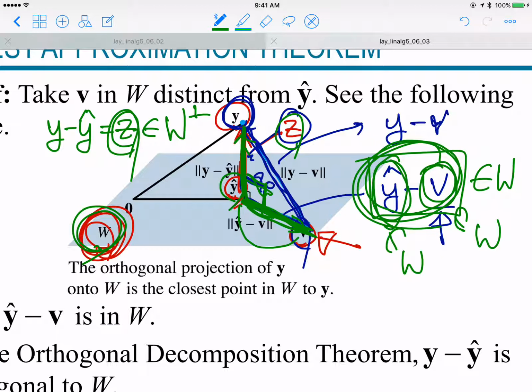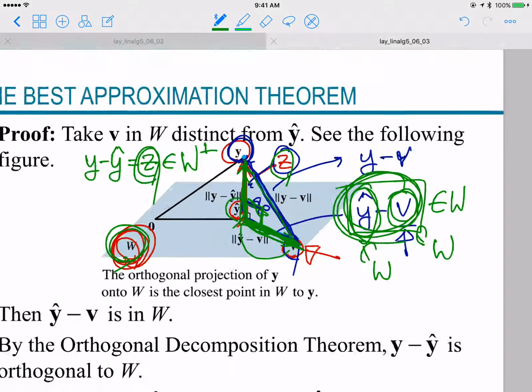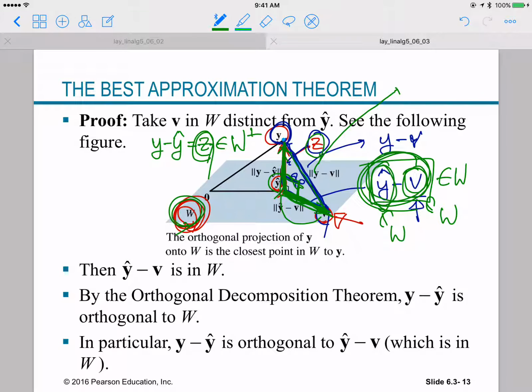Okay, then we bring this into this new triangle when viewing it from the side. We look at this triangle from this angle.